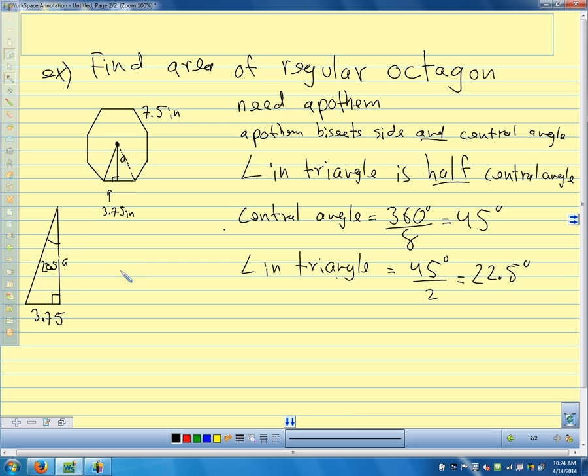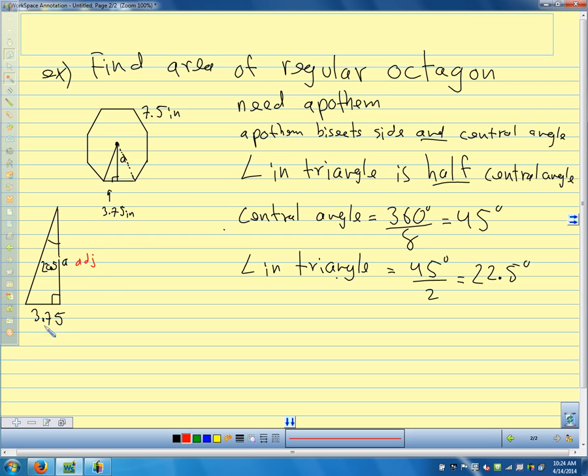Alright, so now we can use Sohcahtoa on this little triangle. So now I say, is A, for the 22.5 degree angle, the opposite, the adjacent, or the hypotenuse? That's the adjacent side.